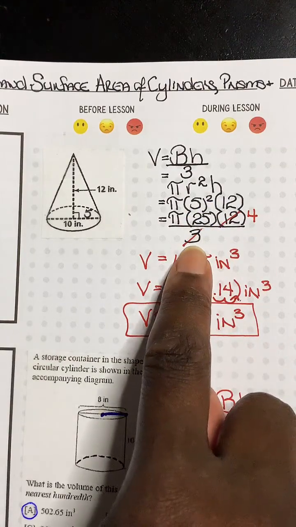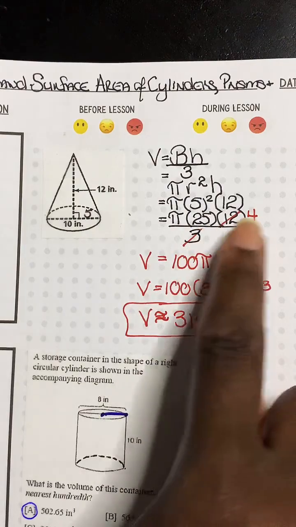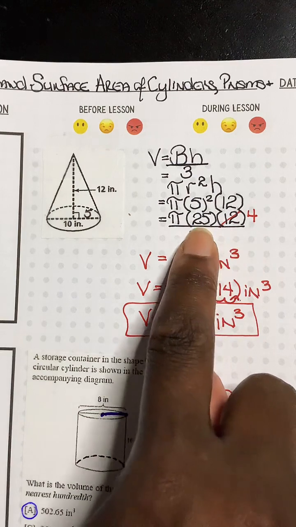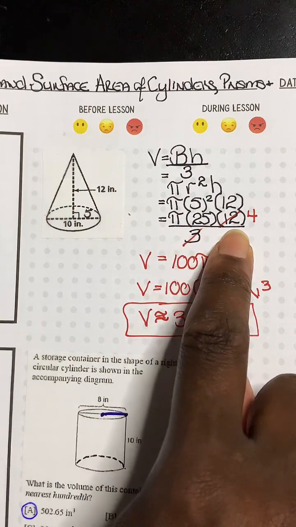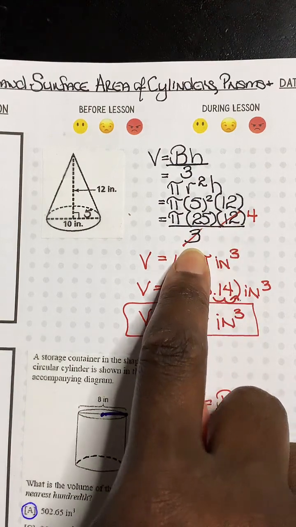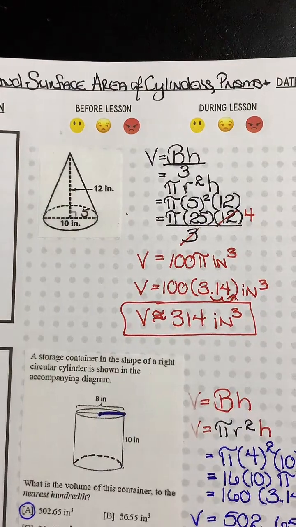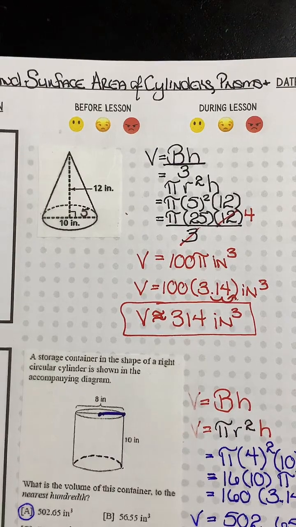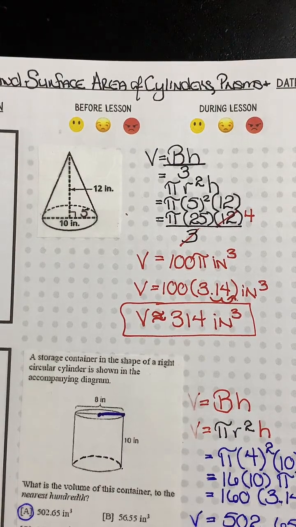Since we were doing a cone, we were dividing by 3. We could multiply the 25 and the 12 and then divide by 3, but you're going to be dealing with larger numbers. If you're going to be taking, say, the GED, the ASVAB, the Accuplacer, you don't want larger numbers because you're going to be doing this test without a calculator.